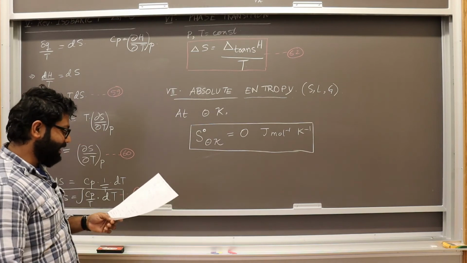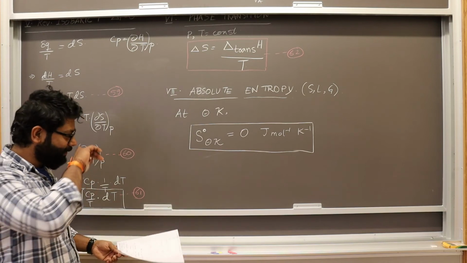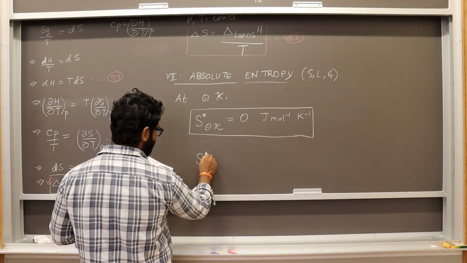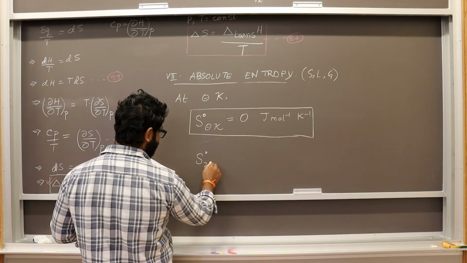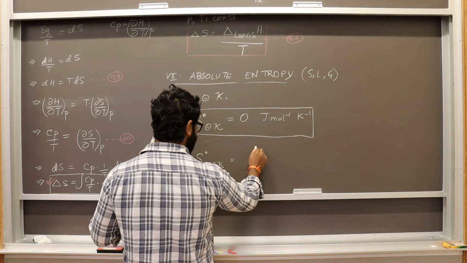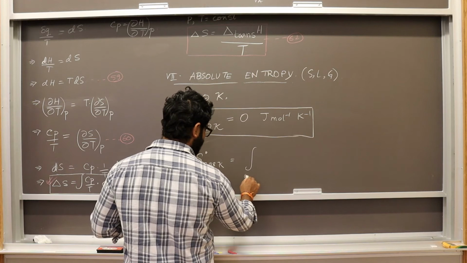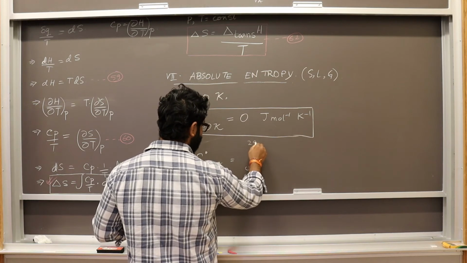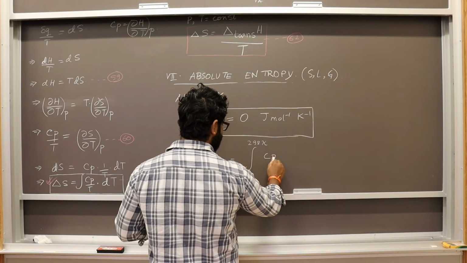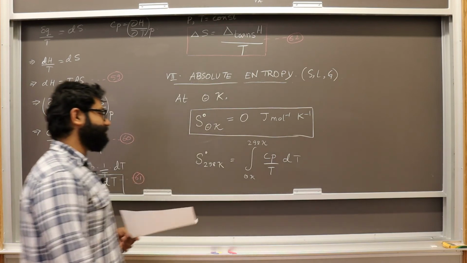Now, if you want to calculate the amount of entropy at any other temperature than 0 Kelvin, say we want to calculate the standard entropy for any substance at 298 Kelvin, what you'll have to do is just integrate the entropy from 0 Kelvin to 298 Kelvin using the formula we just derived.